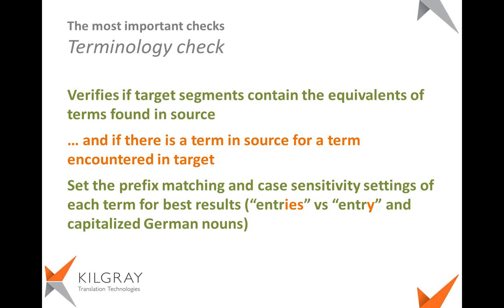Because the terminology check simply means that, well, here is your project. You are using specific term bases in there, and then MemoQ can verify if the target segments contain the equivalents of terms that are found in the source according to the term bases in your project.